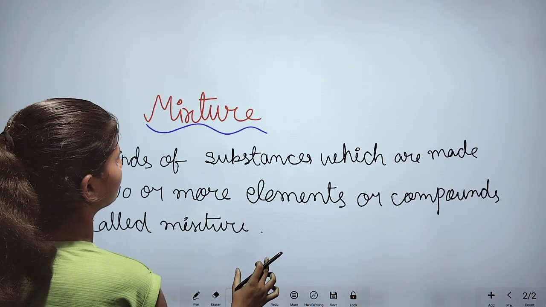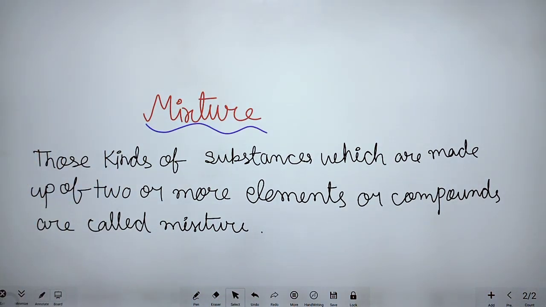Okay, what is mixture? Those kinds of substance which are made up of two or more elements, or you can also say compound, are called mixture.